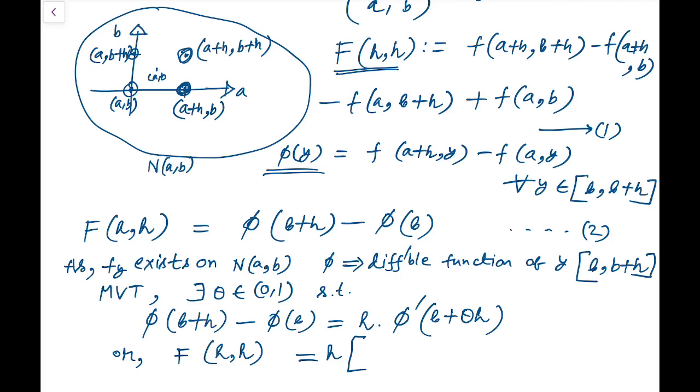So this is basically fy of (a plus h, b plus theta h) minus fy of (a, b plus theta h), right?